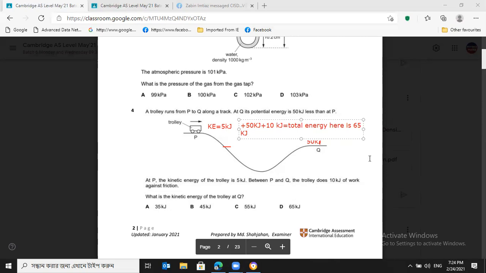Now, here we have 50 kilojoules less, right? Then at P. At Q, its potential energy is 50 kilojoules less than at P, isn't it?